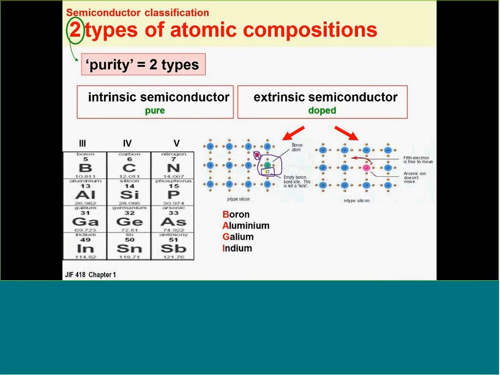So the extra charge carriers, these empty bond sites, will only occur when your dopant atom replaces the host atom. I hope you understand what it means by doping now. Okay, let's move on.